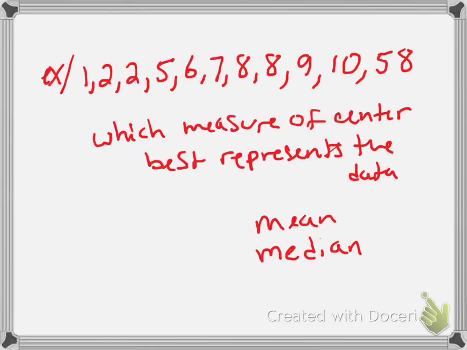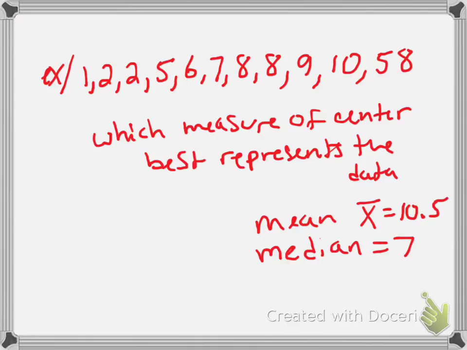Okay, so with my data set, if I do my 1-var stats, I end up getting that my mean is 10.5. And it says that my median is 7.